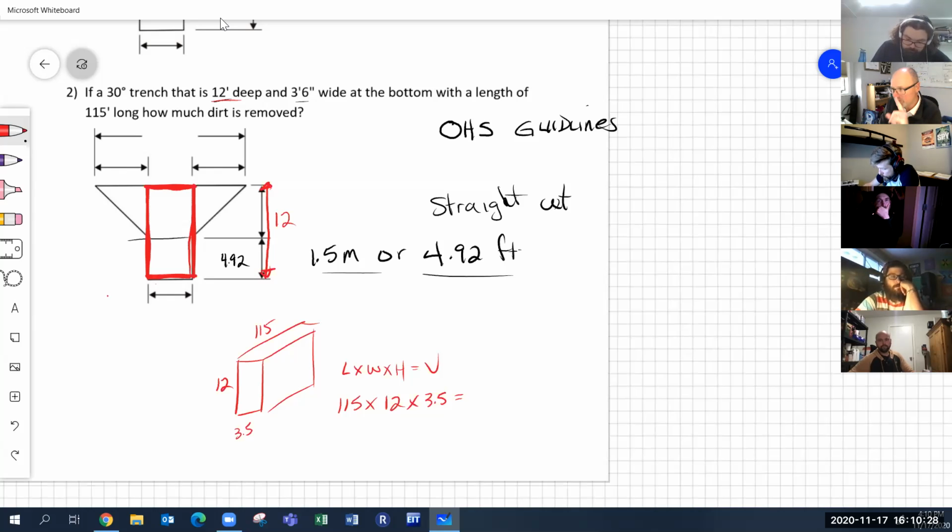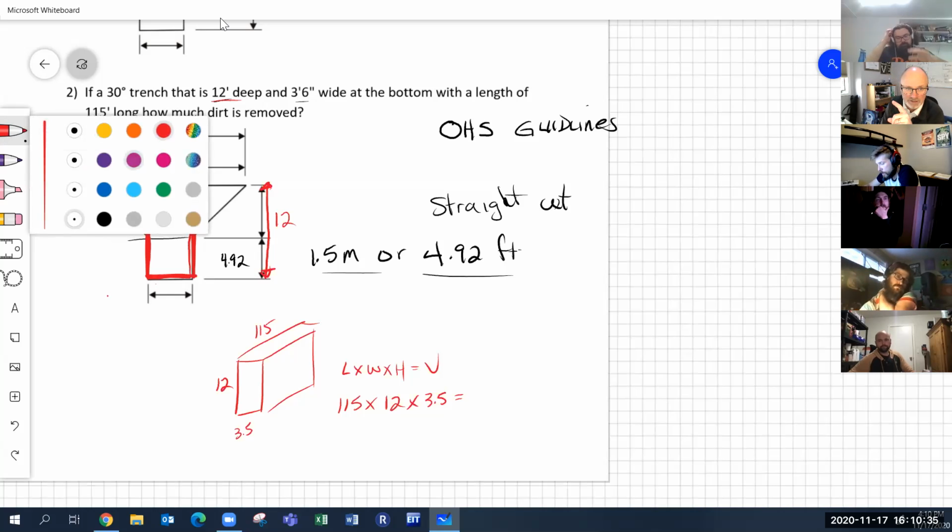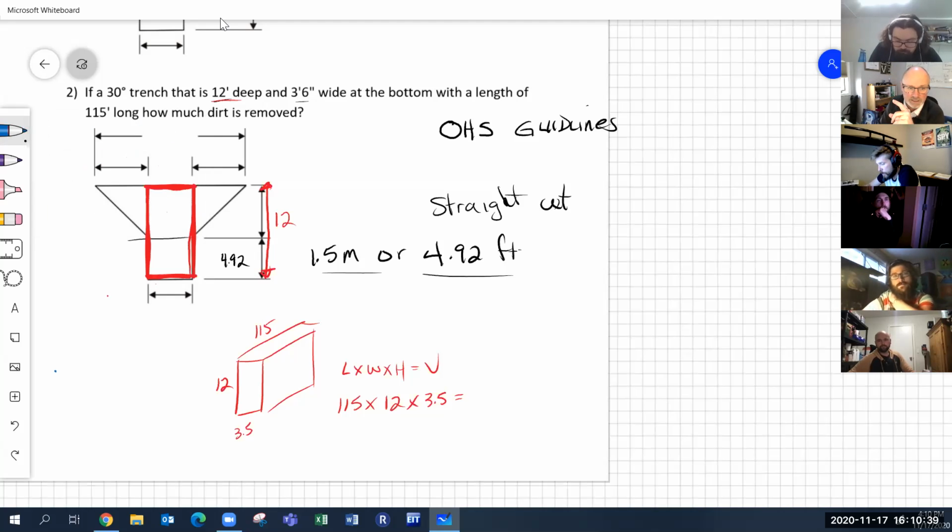The 4.92 is going to come in handy in a second here. Okay, so I'm going to change colors just so we have a little bit of a difference here. Okay, I got that. So now look right here. You see this line right here? What is that measurement?